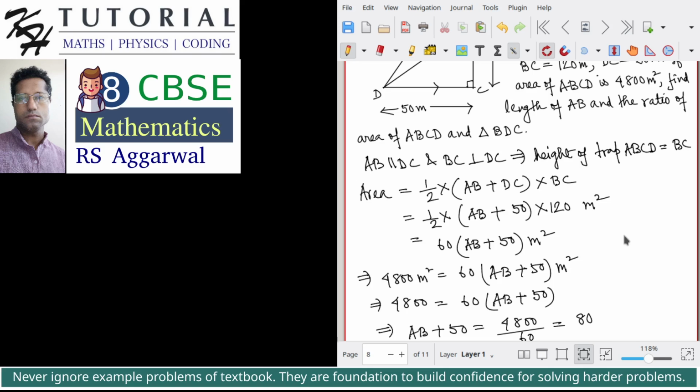While I discuss all these concepts, I will also prepare some assignment problems on the concepts which I am covering in this chapter, that is area of a trapezium and polygons. So there will be assignments coming once this chapter is complete. I am currently discussing the chapter area of a trapezium and a polygon from the textbook of author R.S. Aggarwal.